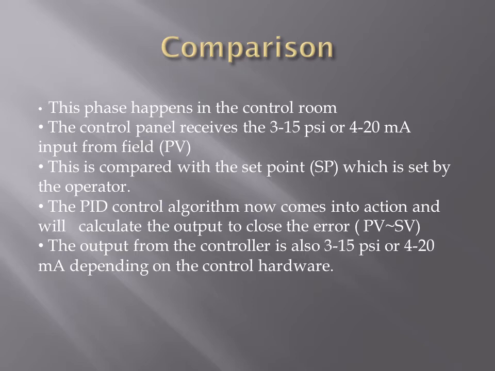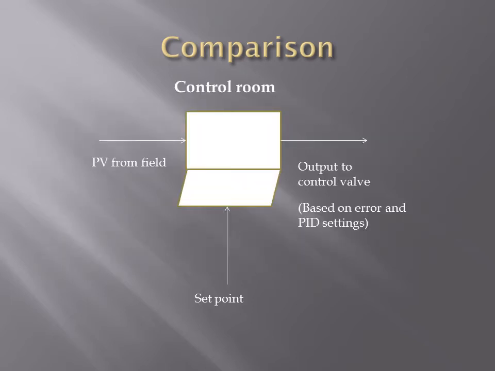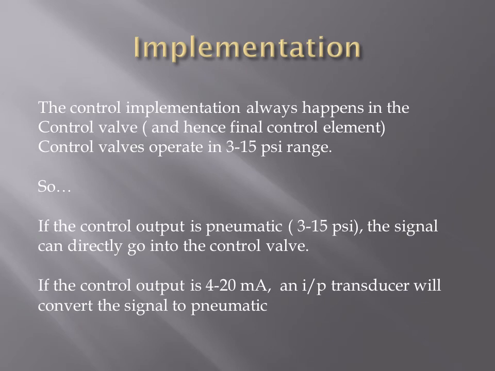In pneumatic controls, it is in the 3 to 15 psi range. The control valve, based on the signal from the control room, either moves in the closing direction or opening direction and adjusts the flow to maintain the process variable at the level desired by the operator. This closes the entire control loop.